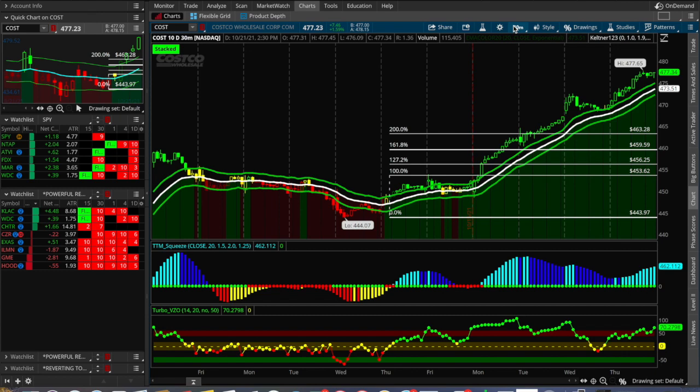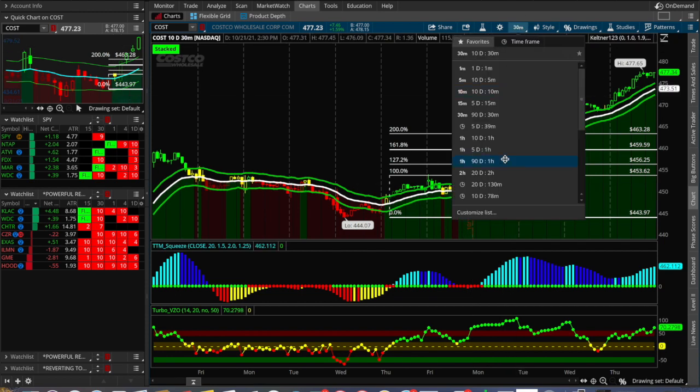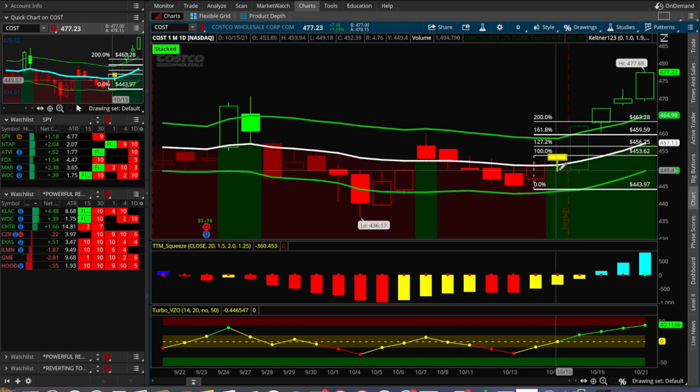Okay, let's get into this trade here. Basically, what I noticed on the day before it took off is I noticed a squeeze on the 30-minute time frame. That is critical, right? And of course on the daily, you have the candle that crosses the 20 EMA on the Keltner channel.